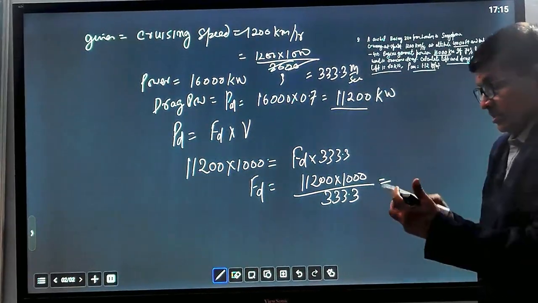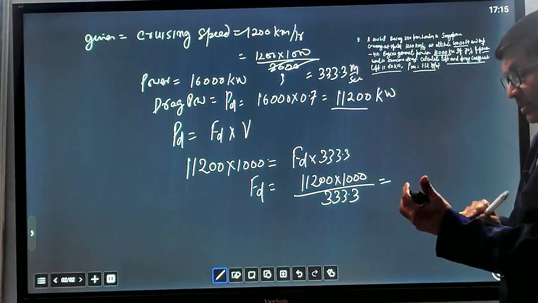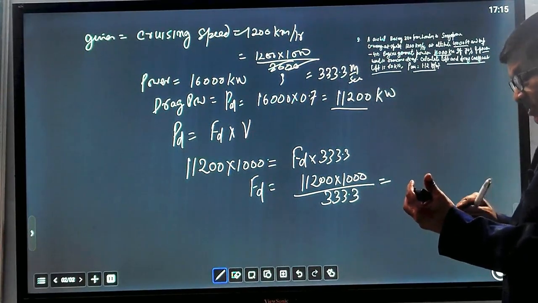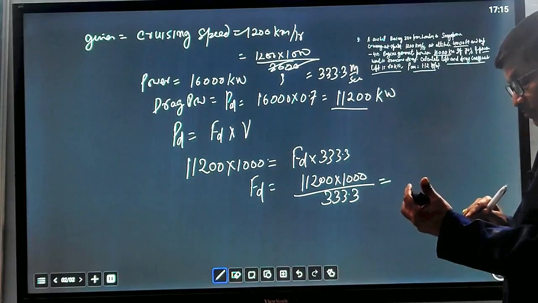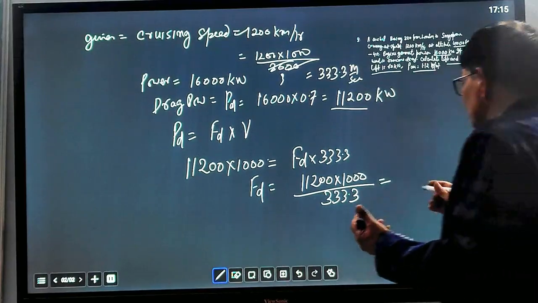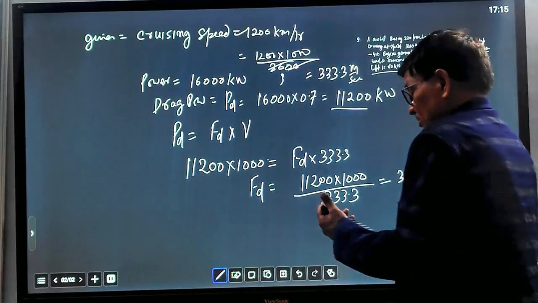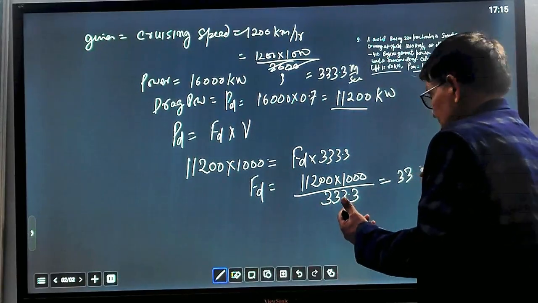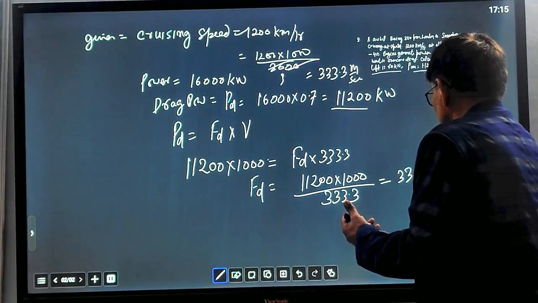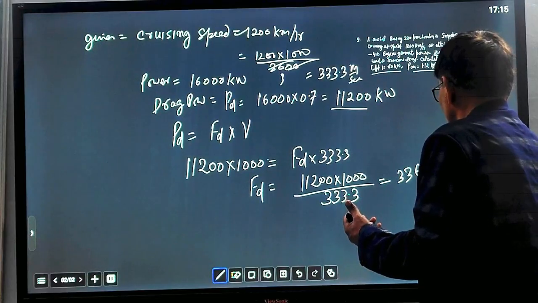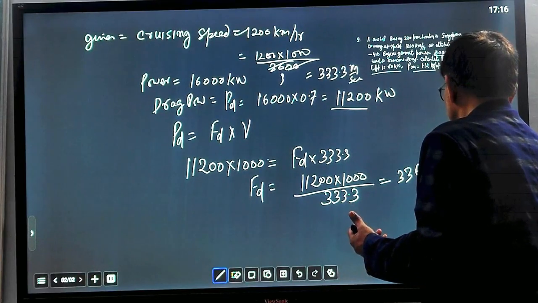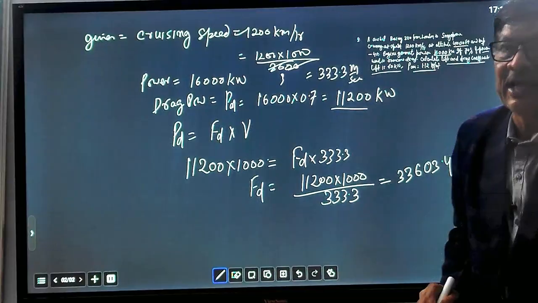So let us see, 11,200 into 1,000 divided by 333.3 equal to 33,603.4 Newton. This is in Newton. This is the drag force.